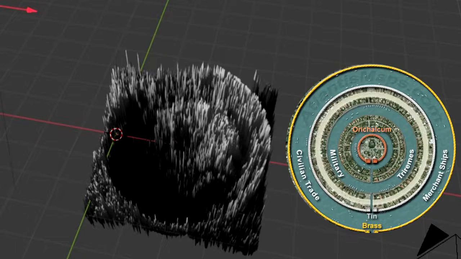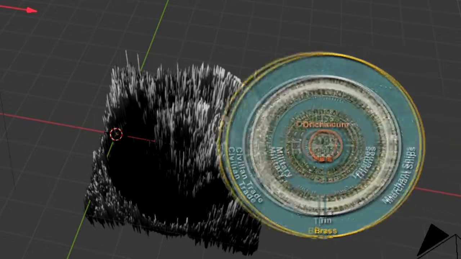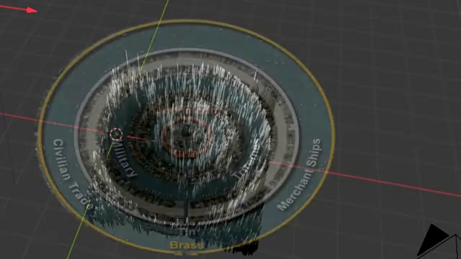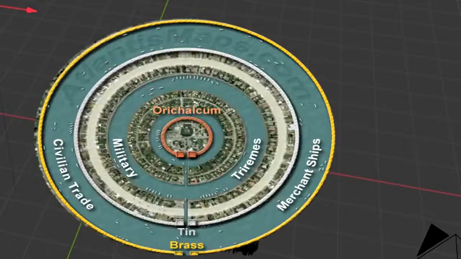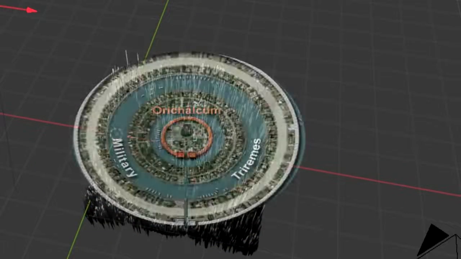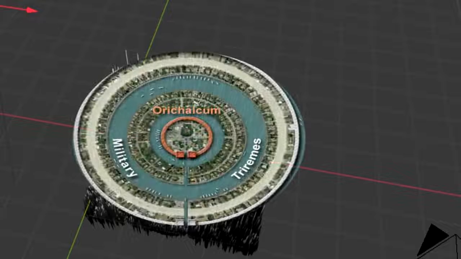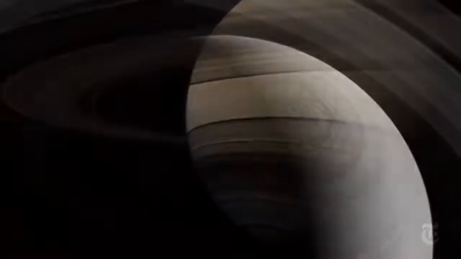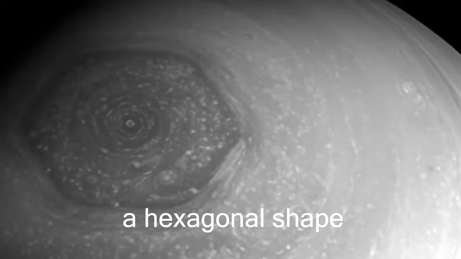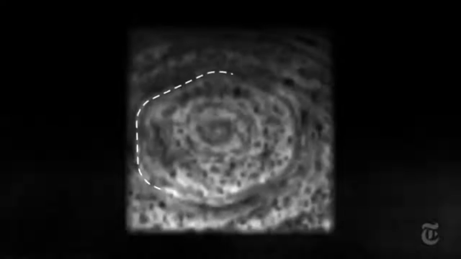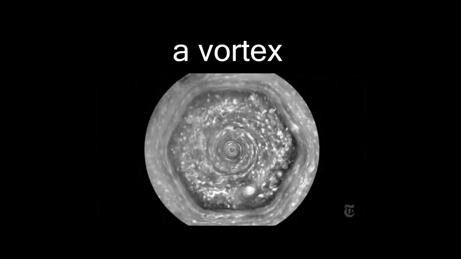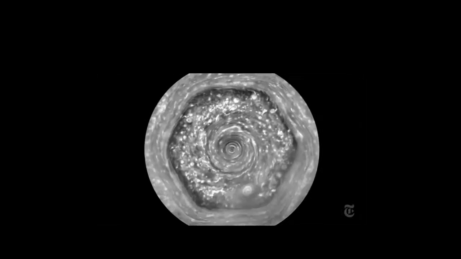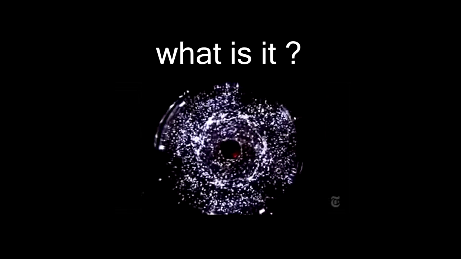Let's take the Atlantis map and put it on the crater. So Atlantis is Linné, aka Saturn. Let's take a look at the science fiction version. You all probably know the story about this hexagonal shape on Saturn. So what is it?